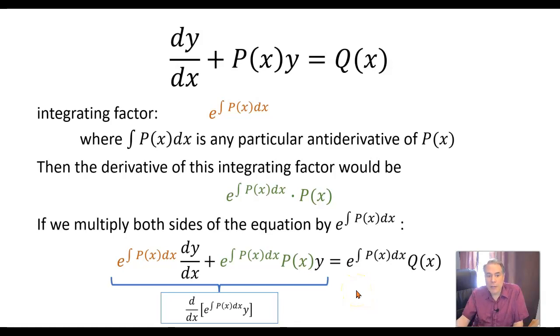So you are going to be able to easily anti-differentiate that left side. Meanwhile, the right side is some function of x. It's some expression, maybe really simple, maybe really complicated, but it's just going to depend on x. So you're going to want to anti-differentiate that with respect to x. And that will give you your solution.